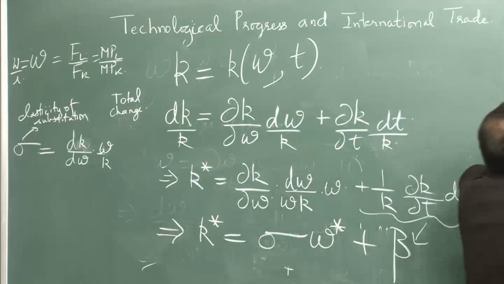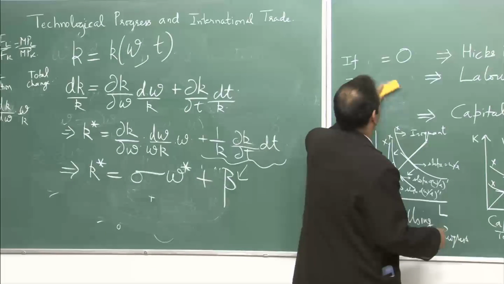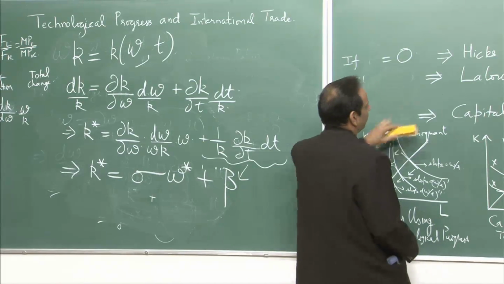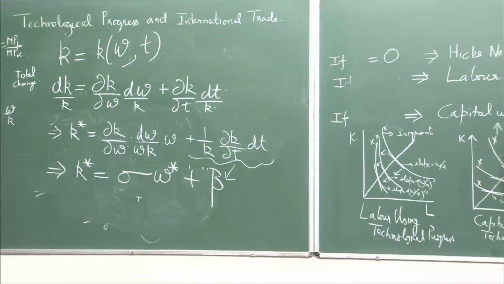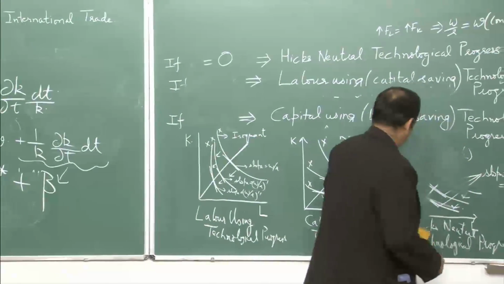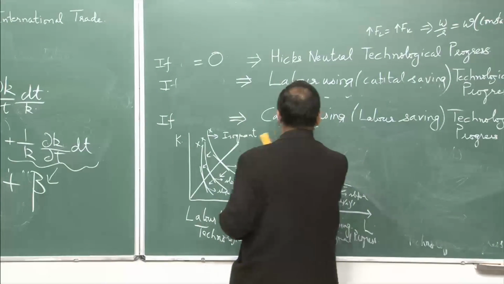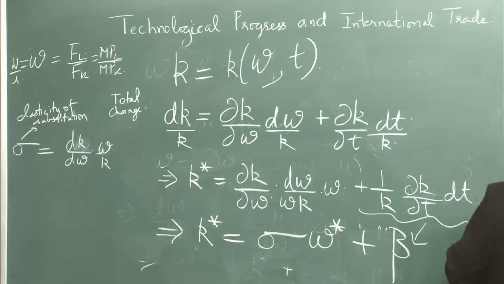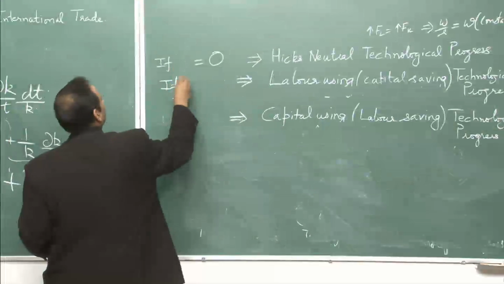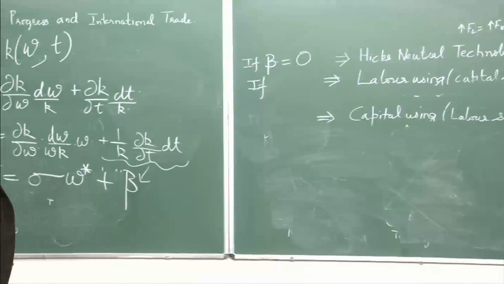Now, if beta is equal to 0, it is called the Hicks neutral technological progress.